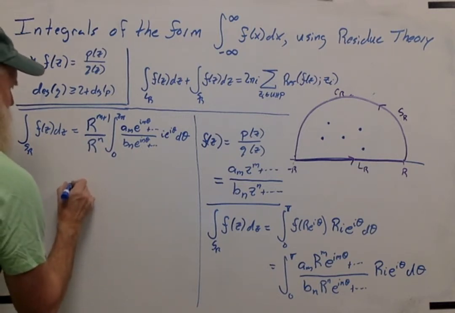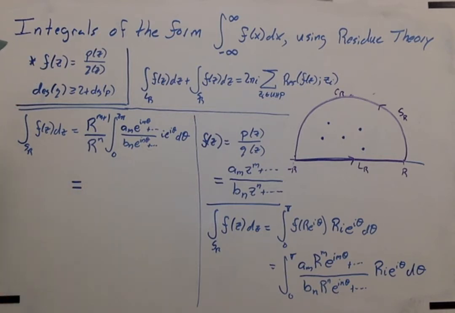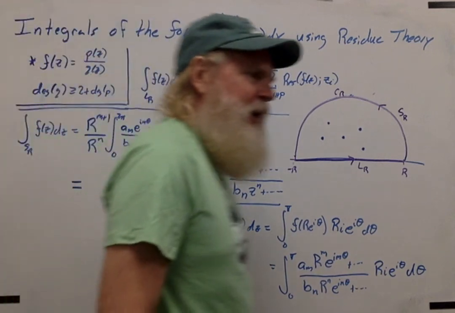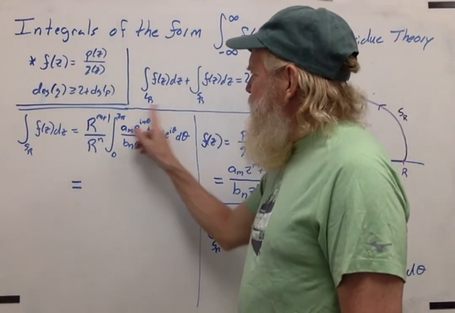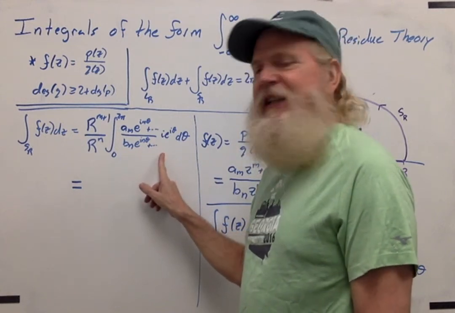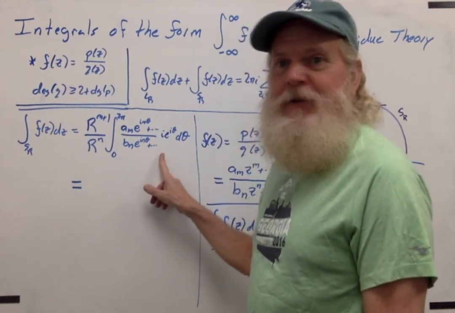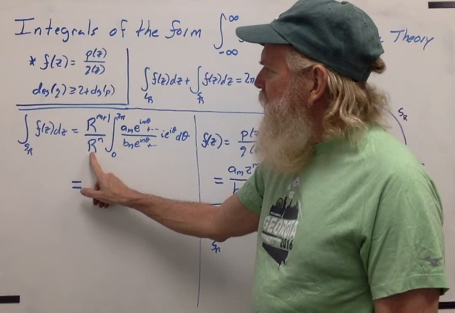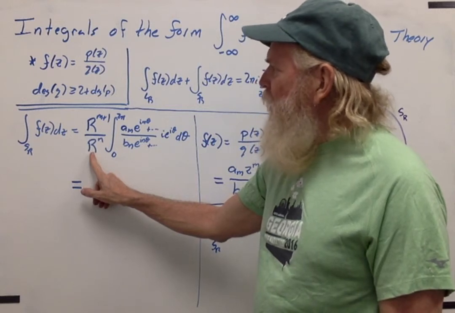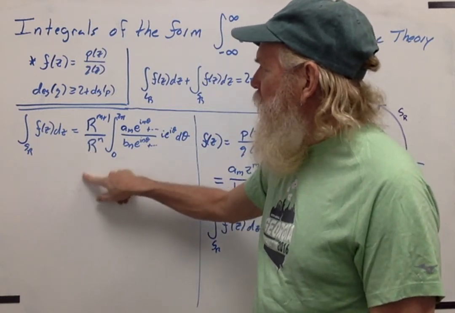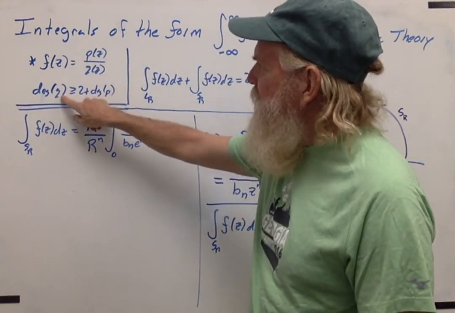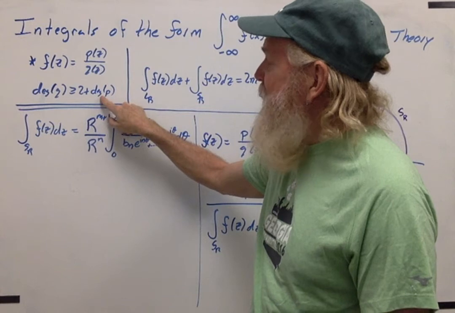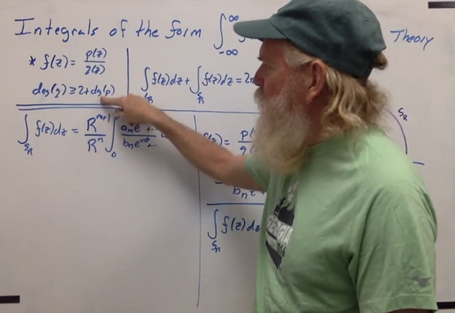Now, this is the step which is going to be a leap of faith for you, although I did have you work out one specific example in one of your graded homework problems. This integral with respect to theta is going to be bounded. And then we're going to multiply that by r to the m plus 1 over r to the n. Now remember, we've made the assumption that the degree of the denominator is at least 2 bigger than the degree of the numerator.